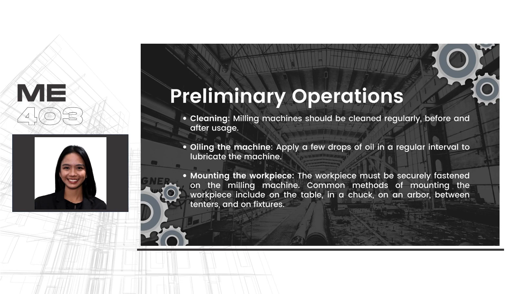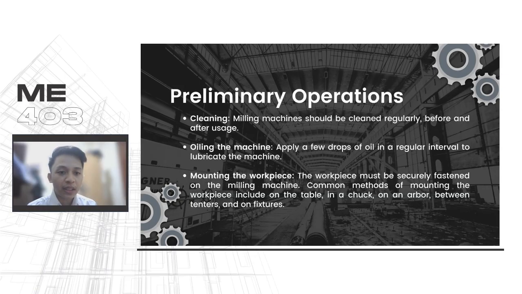It is suggested that milling machines are cleaned regularly before and after usage. Oiling the machine cuts down damage on the milling machine. A few drops applied regularly are very much needed to safeguard the mechanical condition of the milling machine. Modern machines are equipped with automatic lubricating systems, which should be maintained in their finest state for better function.